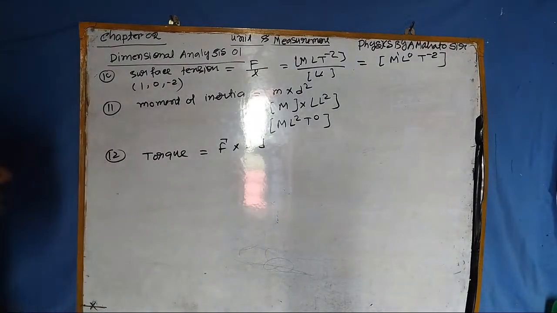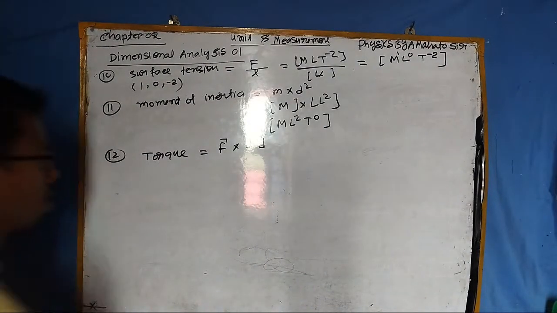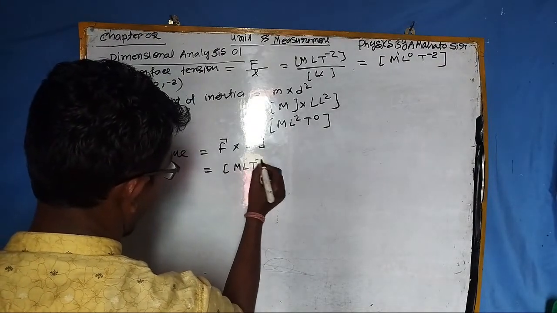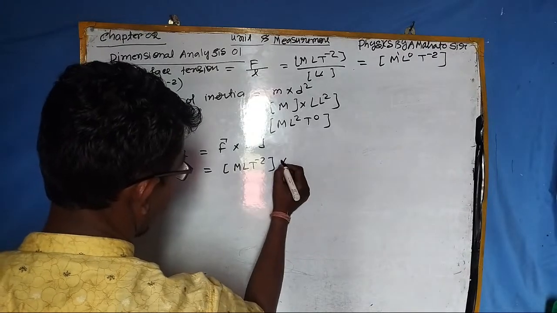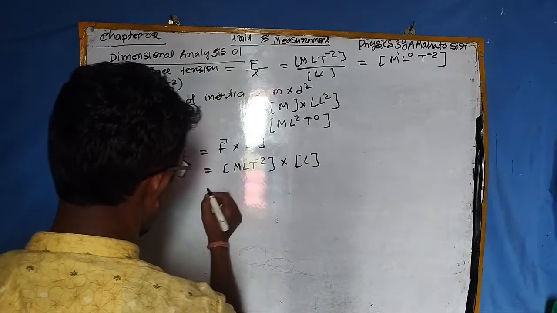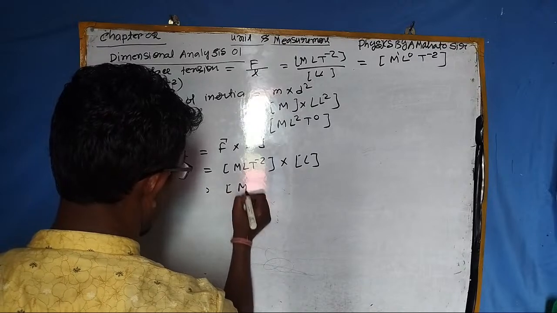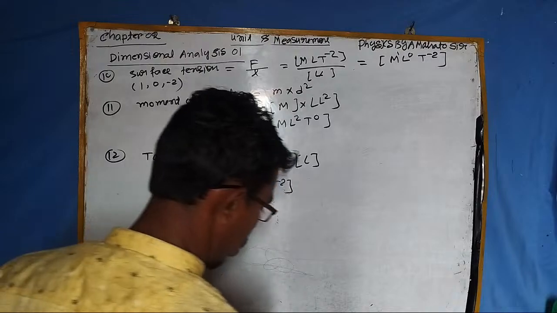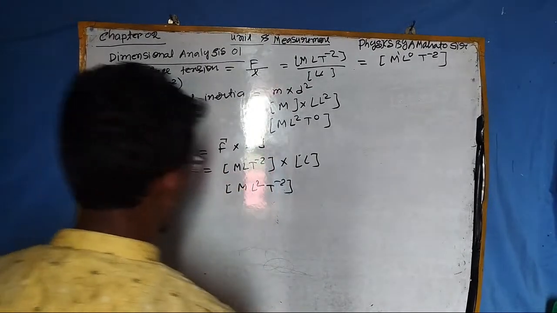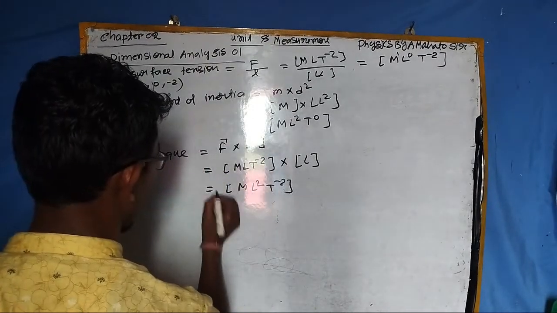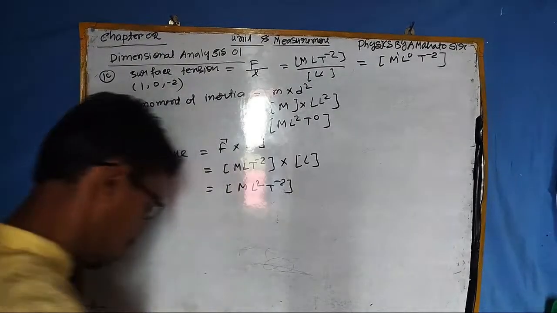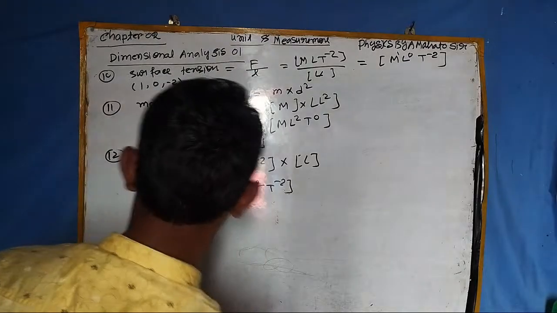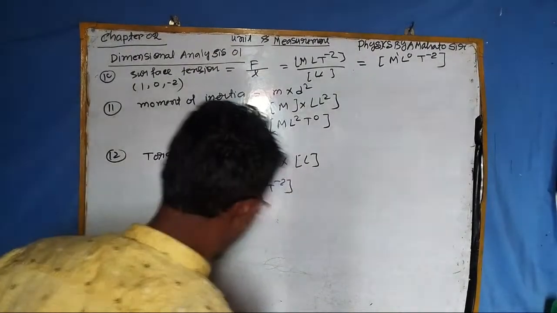Force dimension is M L T minus 2, and perpendicular distance means L. So the torque dimension is M L square T minus 2.